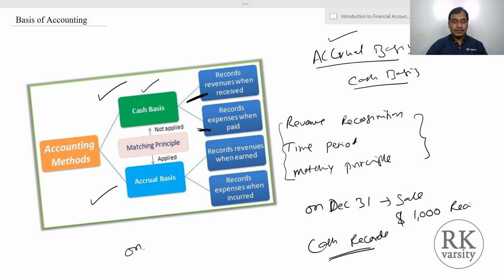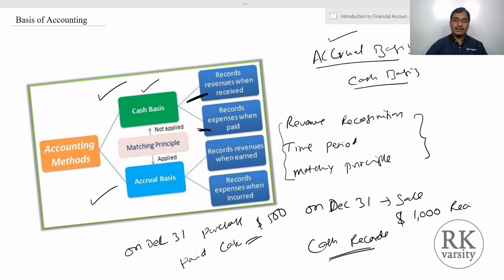Similarly, on December 31st, you made a purchase and paid cash. So we record this, in the sense you purchased $500. So we record this to recognize your expenditure and revenue in cash basis.